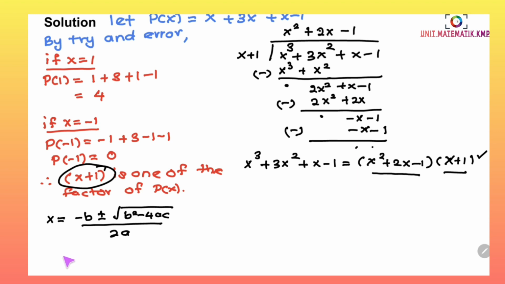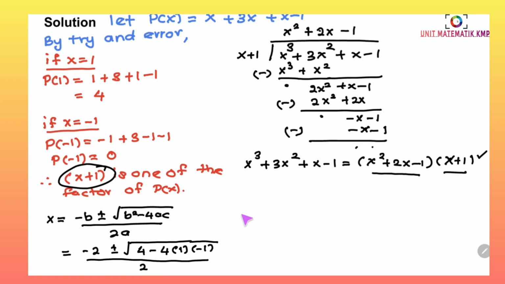So we have negative 2 plus minus square root of b square, 4, minus 4 times a is 1, c is negative 1, divided by 2a, 2 times 1 is 2.